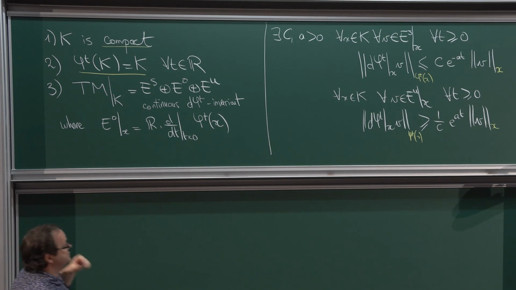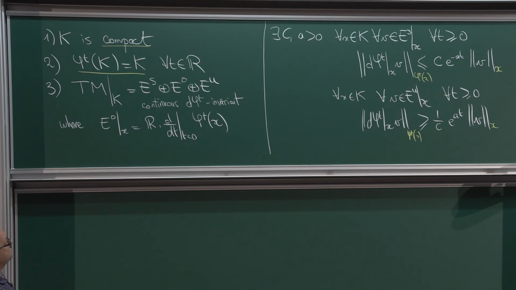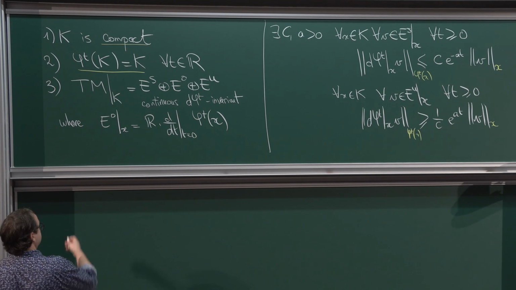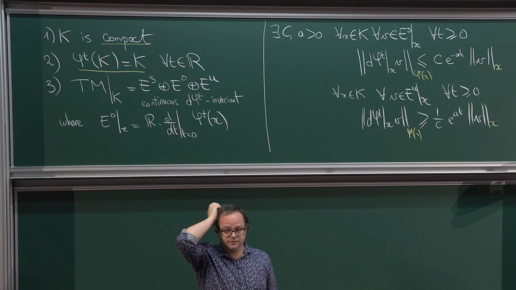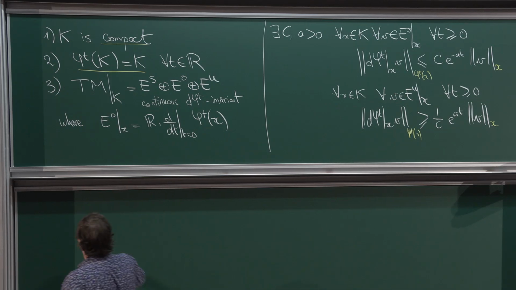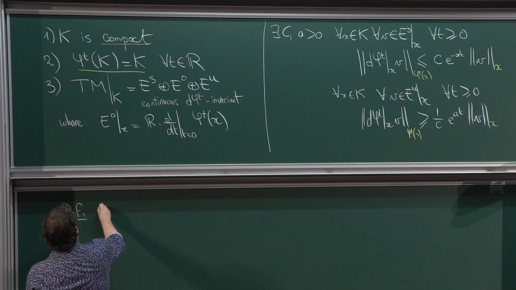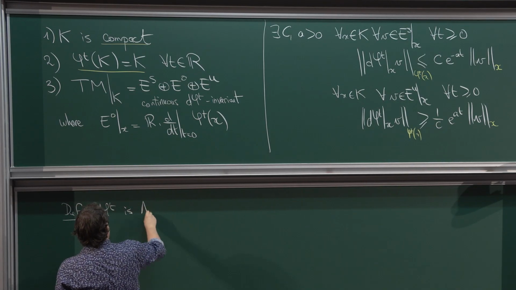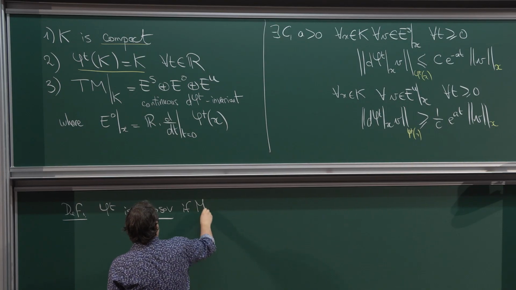All right, so usually the first definition that you'll have, or the first example of hyperbolic set, is when the whole manifold is a hyperbolic set. So this is what we call an Anosov flow, and we'll hear more about those in Simeon Phillips' course. So phi t is Anosov if M is a hyperbolic set.